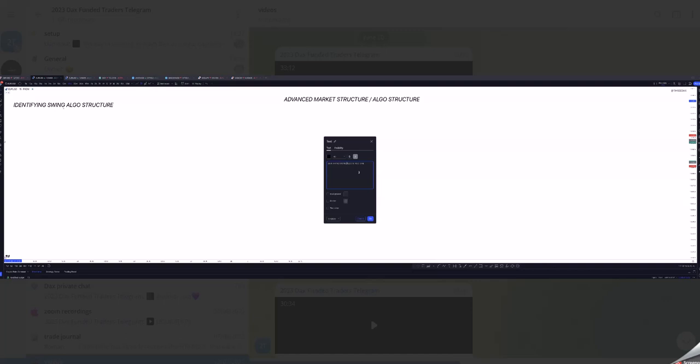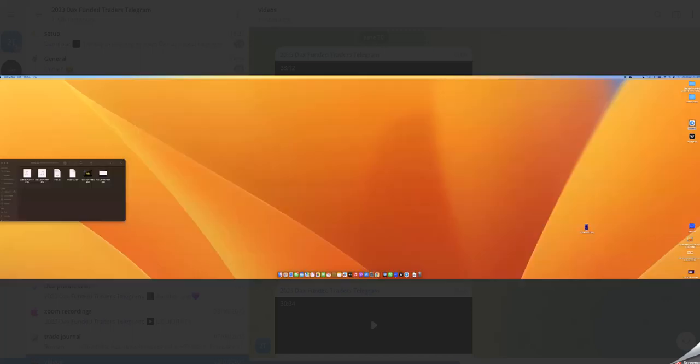Just a quick breakdown of what we discussed during the last call. During the last call, I explained that the basic market structure is basically like this.